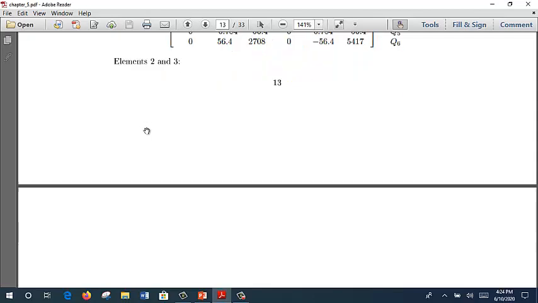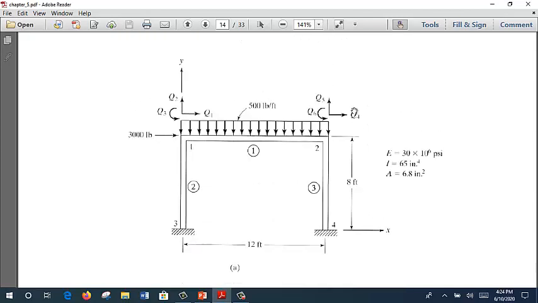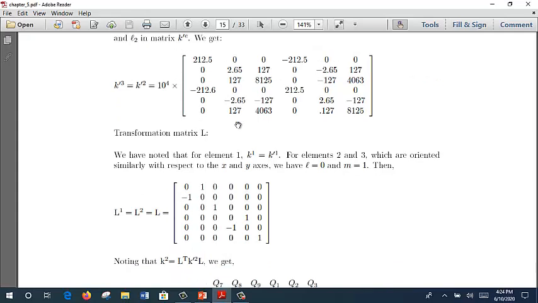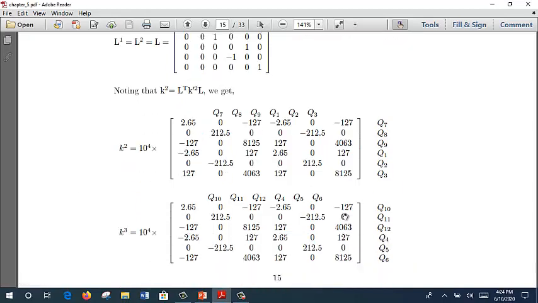All right, and then same goes for elements 2 and 3, but you need to consider the L here, because you have your length. So from here you get the local stiffness matrix for K2 and K3, and when you transform it, you will get this for K2 and this for K3, represented by Q7, Q8, Q9 and Q1, Q2, Q3.